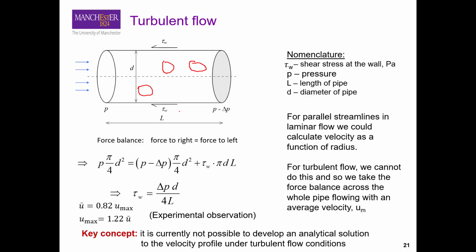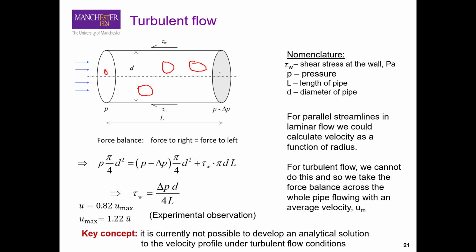Okay. So again, if we try to do the force balance on this overall system, on this side we have the pressure times the cross-sectional area, that is the force on this end, and then this force should be equal to the opposite forces.